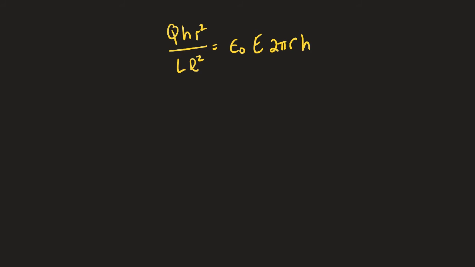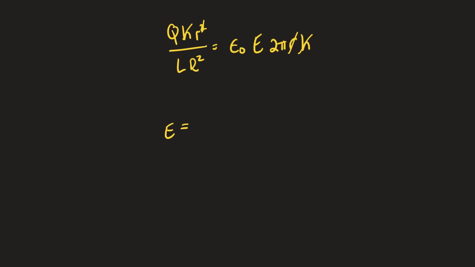So this allows me to get an expression now for the electric field. So first, I do realize H is going to go away. That was expected. One of the R's is going to cancel with one of the R's there. But then I really don't have anything else I can do. I'm just going to have to collect terms.